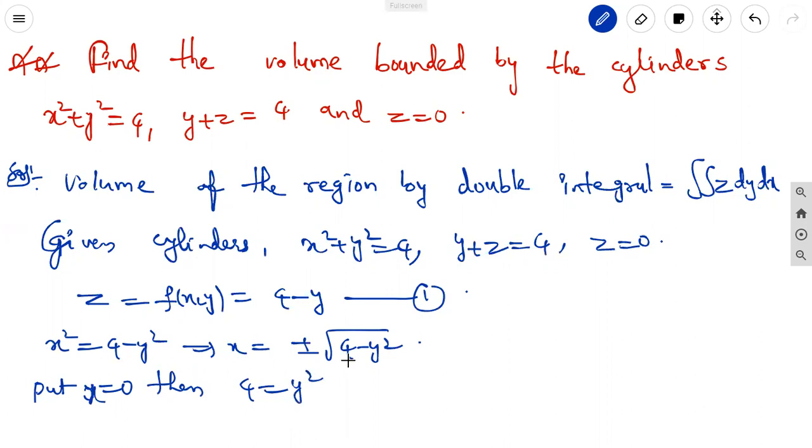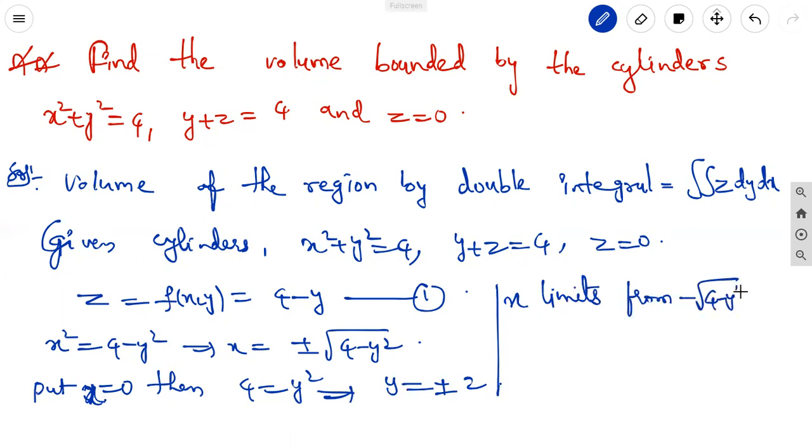Because x is expressed in the y variable, we can take x equal to 0 to get the y limits. So y equals plus or minus 2. So the x limits are from minus the square root of 4 minus y squared to plus the square root of 4 minus y squared, and the y limits are from minus 2 to plus 2.